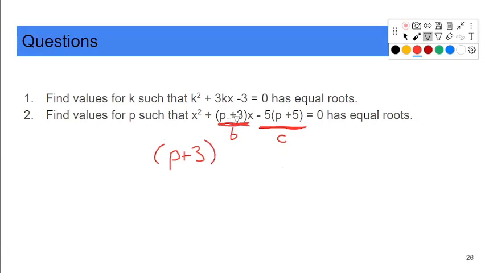So this whole thing is B. We have B squared, all of this squared, minus 4 times A, which is 1 again, and C is this whole thing, including negative 5, because C is just a constant, right? And then we have equals 0 because it has equal roots.